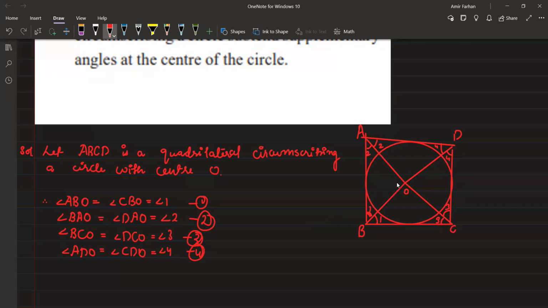And Adil, tell me, what is the sum of this whole angle? 360. Very good.